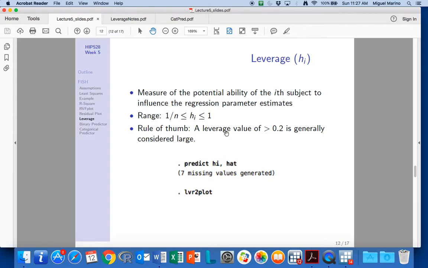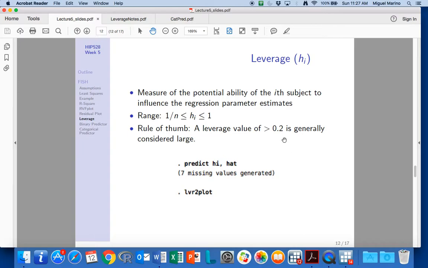You go through that process, and you see that there are maybe 1 or 2 data points that look problematic. Let me calculate leverage and see if that value is greater than 0.2. I'll show you how to do that.